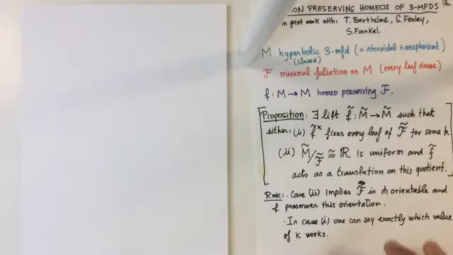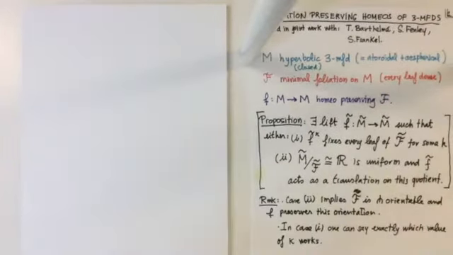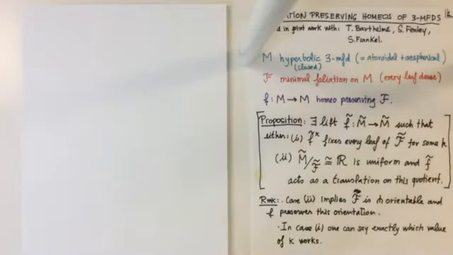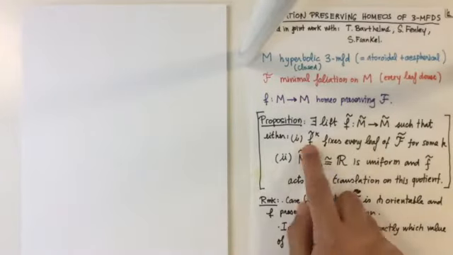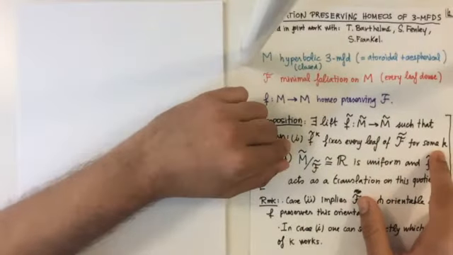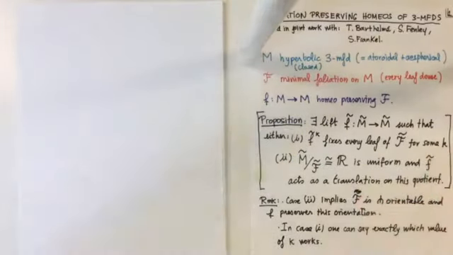So now I want to continue. I want to explain how we can use a result like this. But before, let me comment something to keep the relationship with surface dynamics. So in this case one, where every leaf is fixed by F tilde, you should think as the dynamics in each leaf is homotopic to the identity.